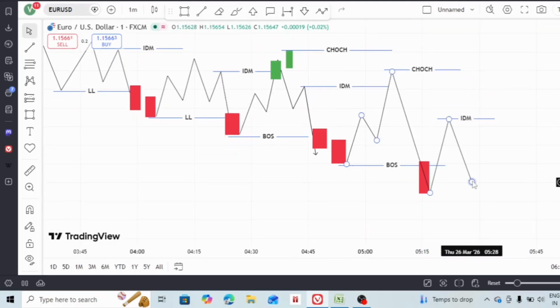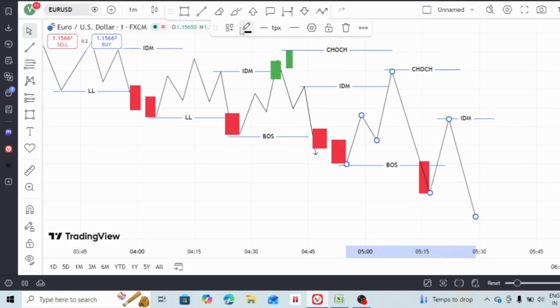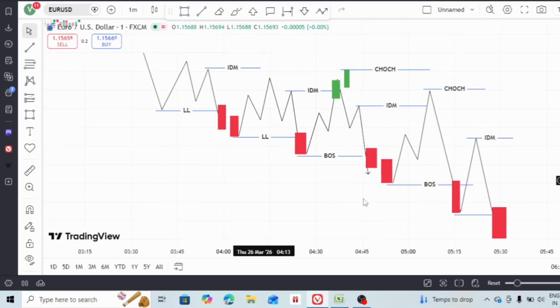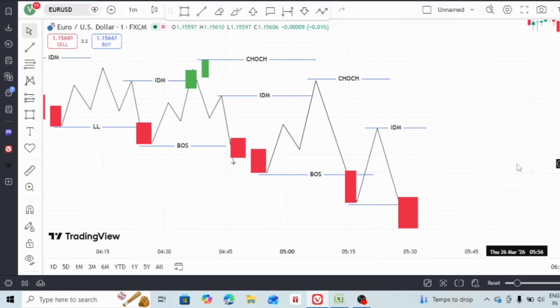It has to break with the body candle, then our change of character becomes here. So this is the complete structure of the downtrend market. This is how the downtrend market will look.